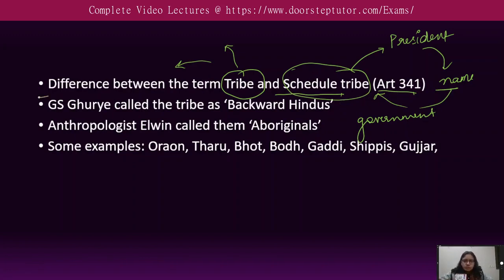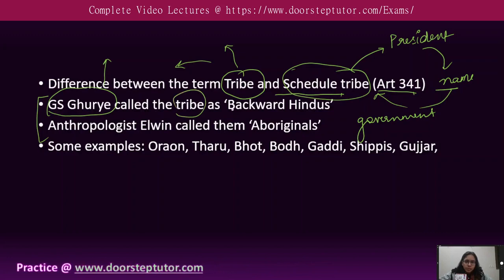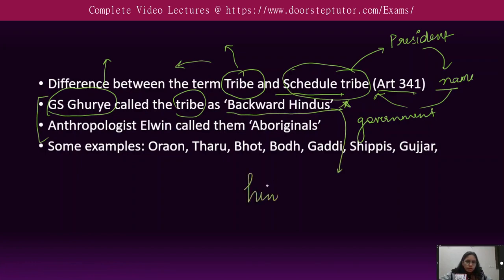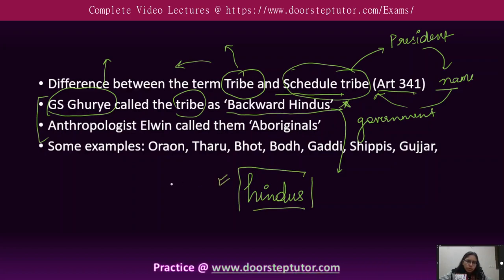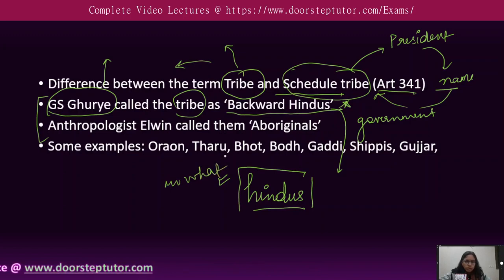Now, what did some famous sociologists say? G.S. Ghurye, who is also known as the father of Indian sociology, called tribes backward Hindus. Remember this, although it has been criticized by many scholars, because how can you consider all tribes as Hindus? That's not a proven fact. And backward, in what sense can we say that what they are doing is completely backward and what we are doing is not?